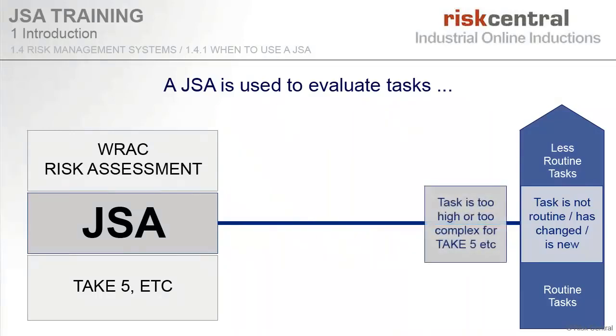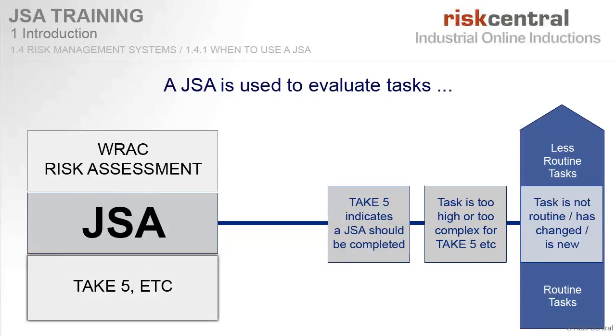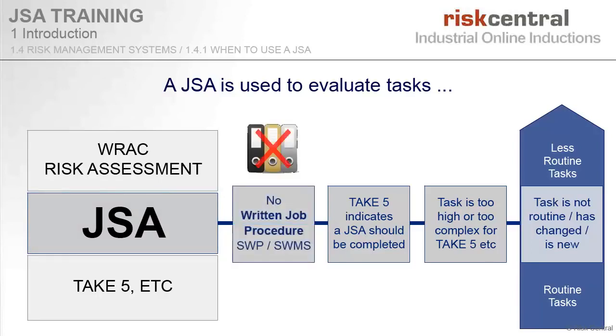Task is too high risk or too complex for individual informal risk awareness tools such as Take 5. An individual risk awareness tool, such as a Take 5, has been completed and it indicates that a JSA be completed. Or task has no written job procedure or standard work instructions such as safe work plan, safe work method statement, and so on.